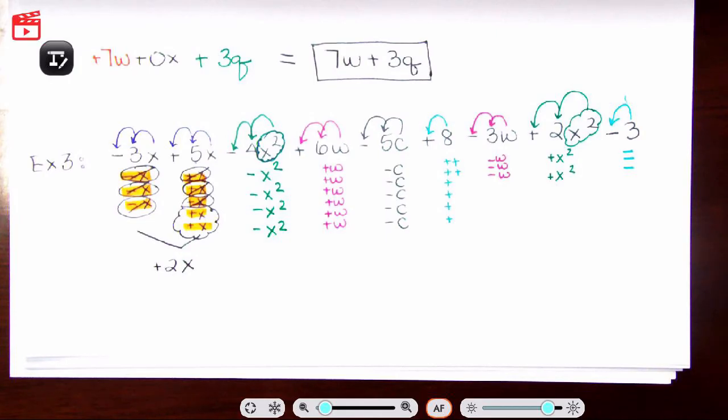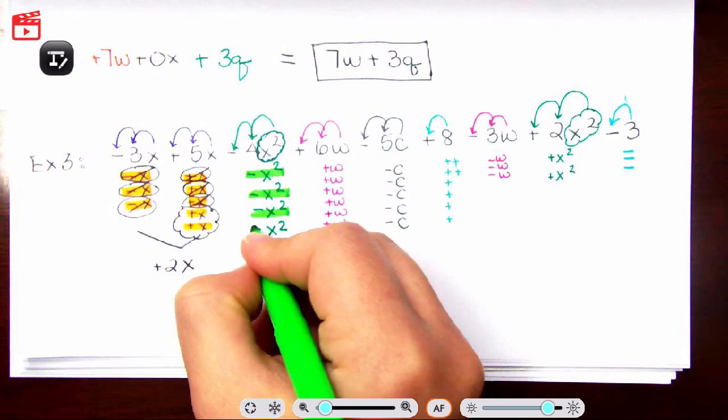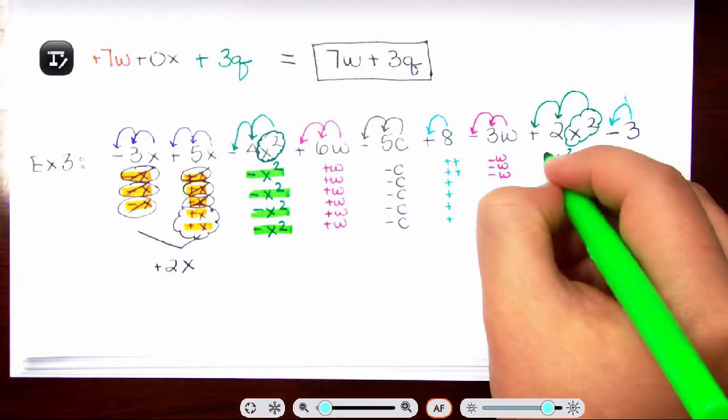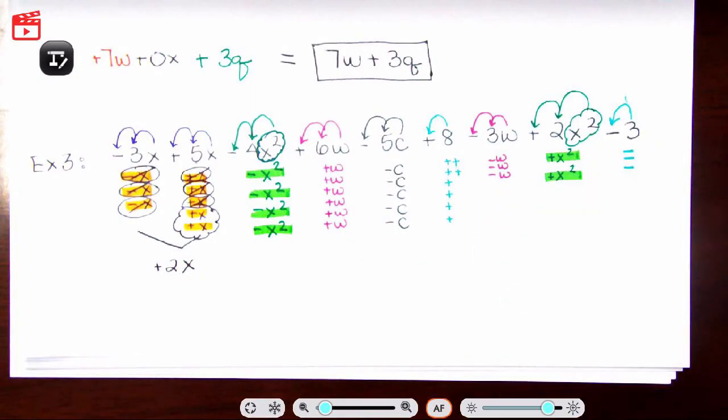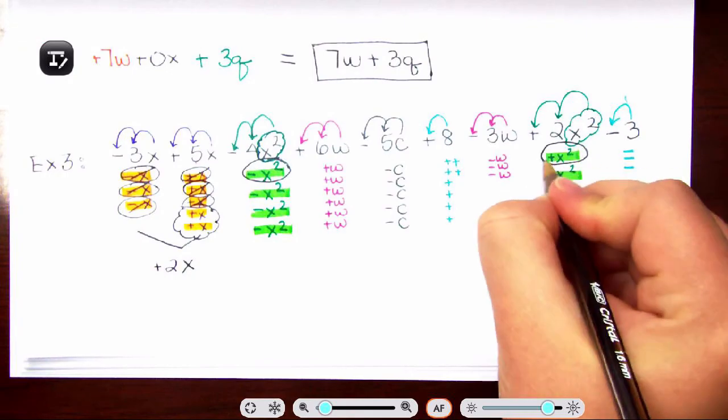Next up I have are my x squares. I have minus x squared, minus x squared, minus x squared, minus x squared, and then I have a plus x squared, plus x squared. Now again, whenever you have a minus and a plus of the same thing, you have 0 pairs. So in this case, I have a minus x squared and a plus x squared.